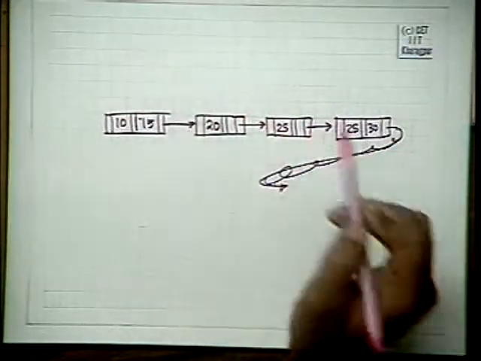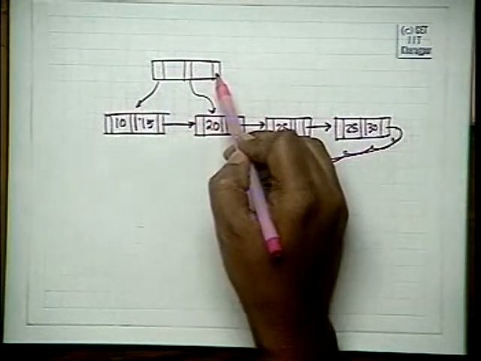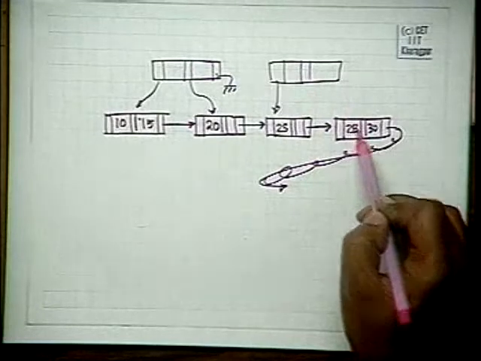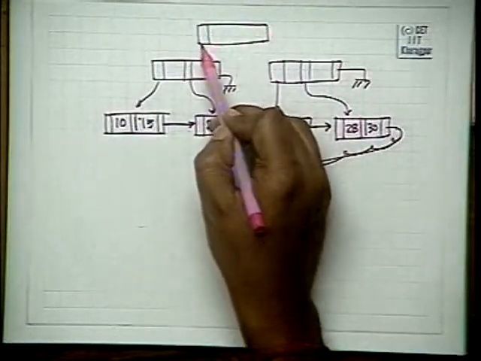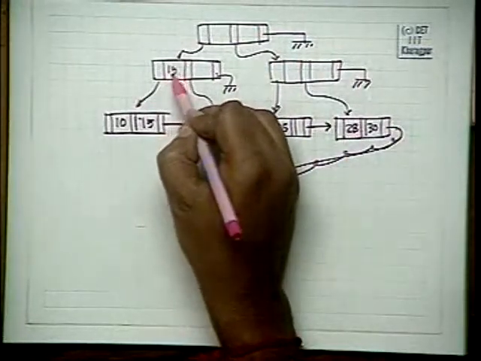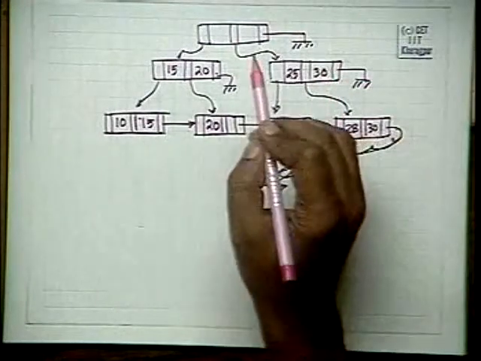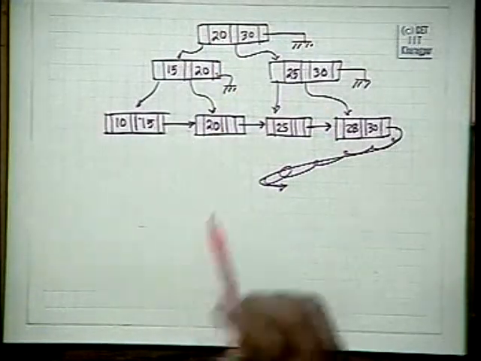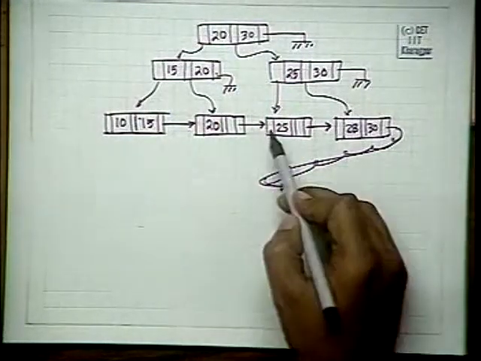Let us see this. Suppose we delete 25. If we delete 25, in a leaf node, we will remove it.